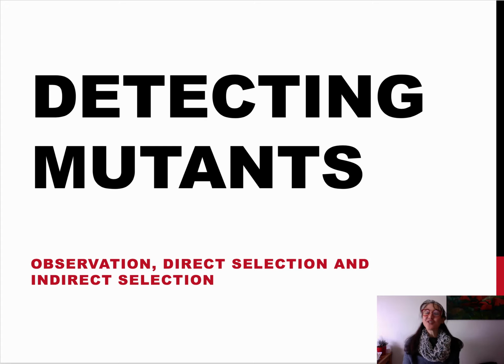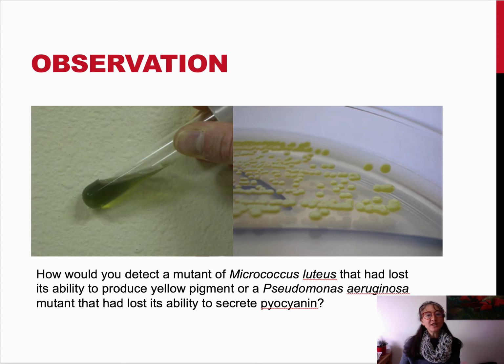You would look for the one anomaly on the plate that rather than being bright yellow was white in color. And then you would be able to verify, right, that it was in fact also Micrococcus luteus, but it just lacked that pigment. So this is one example. By observation, we could detect a Micrococcus luteus mutant that was albino.